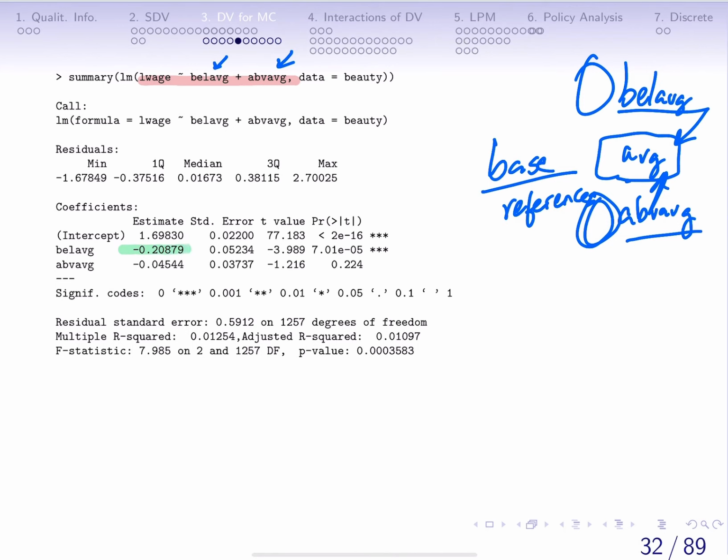Okay, so let's take a look at the coefficients here. The coefficient on below average is negative 0.208, and this is significant, right? So we can basically say that on average, people who are below average make 20.8% less than people who have average looks. And then we also notice that above average, even though we have a negative coefficient here, is not significant, right?